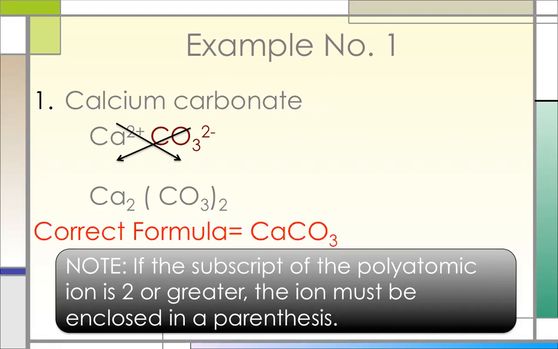So the correct formula will be CaCO3. Why? Because for the calcium we have 2 atoms, and CO3 also has 2. So you have to reduce it to the lowest term. Therefore, 1:1. So CaCO3.